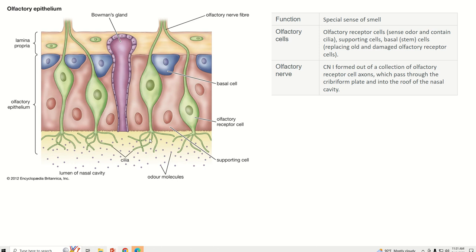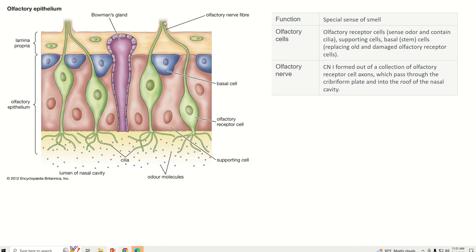It contains some cilia which chemically react with odor molecules, and the odor sensation is passed through this bipolar cell and reaches the olfactory bulb through the olfactory nerve. This is the basal cell. From the basal cell, a new immature olfactory bipolar cell is produced. This is the supporting cell and this is the Bowman's gland.